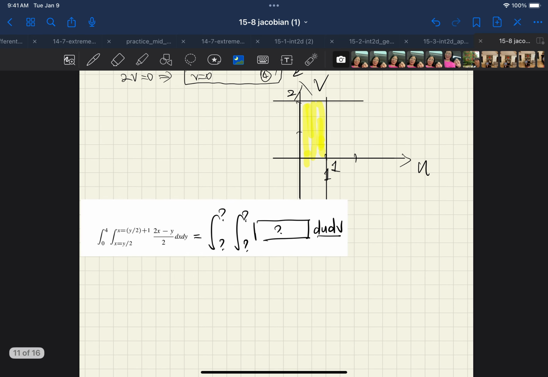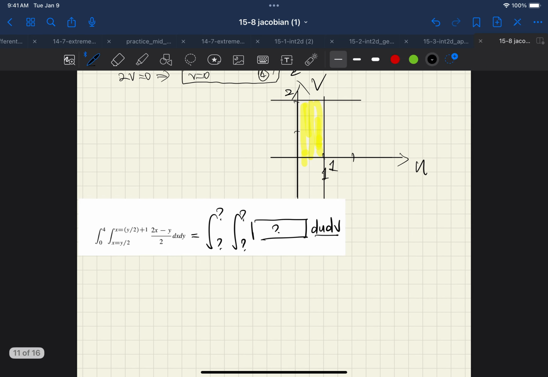So this is what we want to do. Now we have a rectangular domain, so we have du dv. For u, we get u ranging from 0 to 1. For v, it's ranging from 0 to 2. Because we know that dx dy becomes du dv, but this is very dangerous.